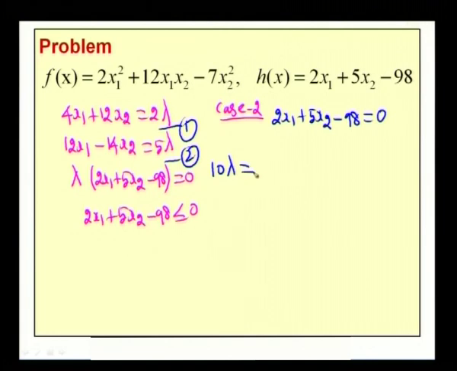Now, from equations 1 and 2, multiplying equation 1 by 5, we get 10 lambda equal to 20x1 plus 60x2.